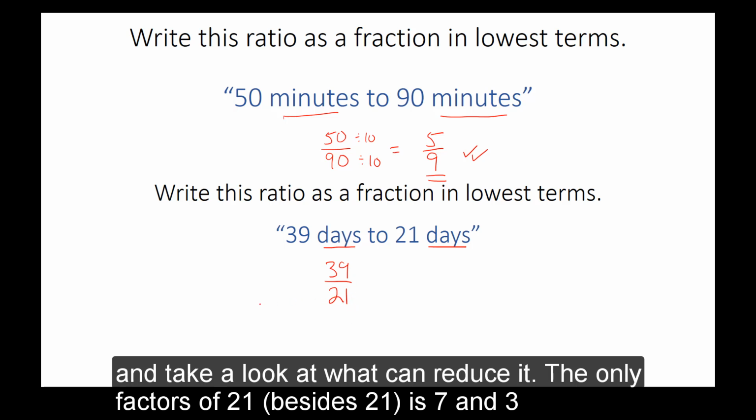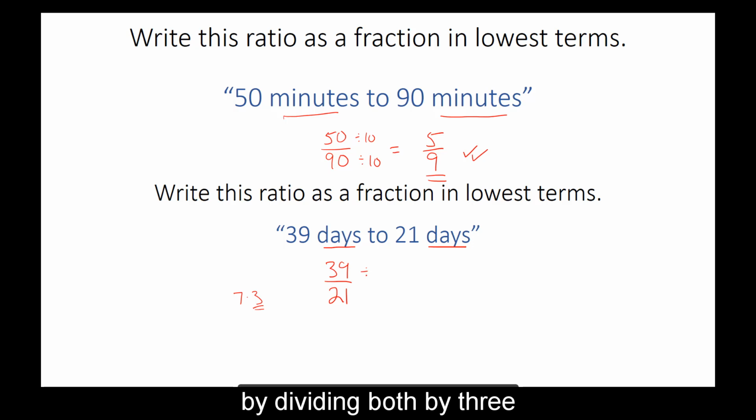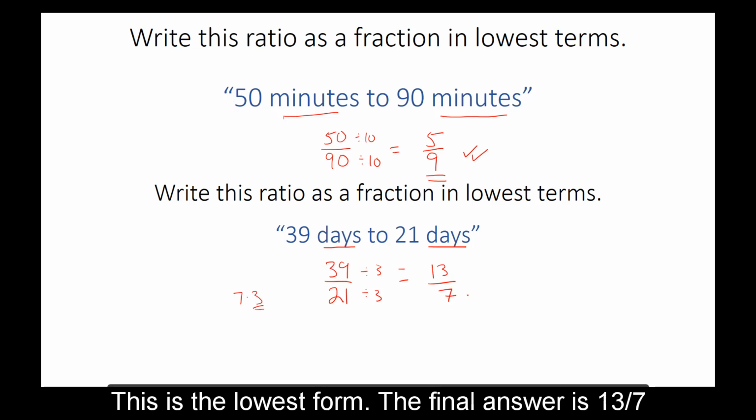Well, the only factors of 21 besides 21 are 7 and 3. 7 doesn't go into 39, but 3 can divide into 39, so we can reduce this fraction by dividing both by 3. So 39 divided by 3 is 13. 21 divided by 3 is 7. That is in lowest form, and so your final answer would be 13 over 7.